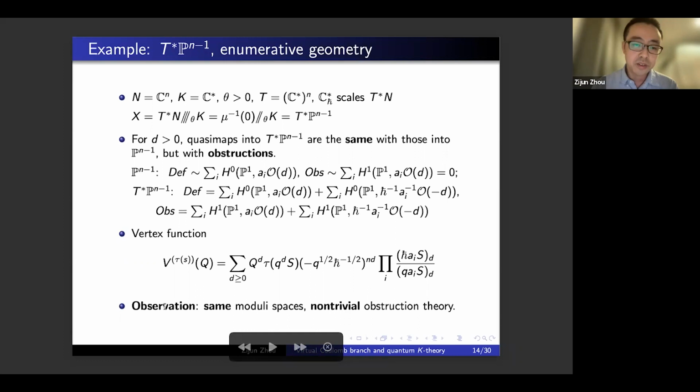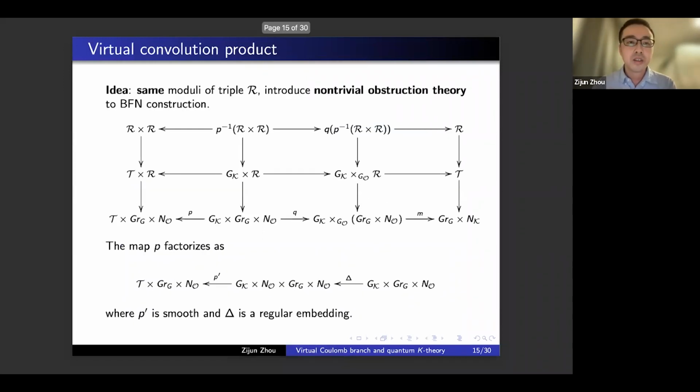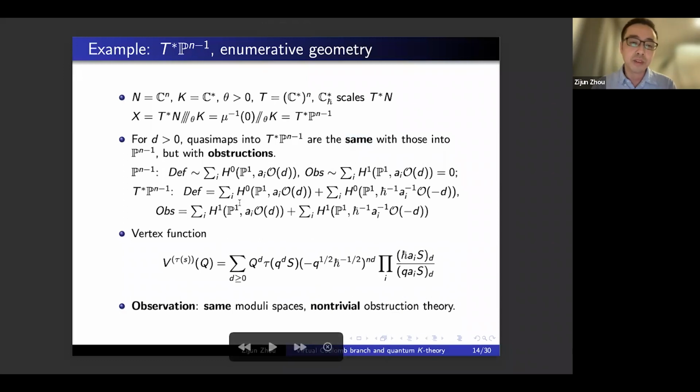The observation here is that the moduli space of quasi maps for P^{n-1} and for T*P^{n-1} are essentially the same, at least for positive degrees. But the obstruction theories are different. So in this hyperkähler case, we have non-trivial obstructions here.